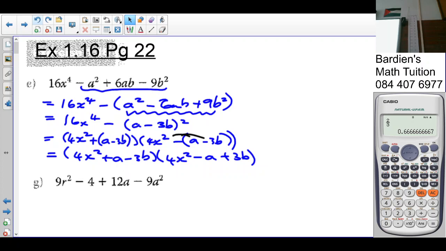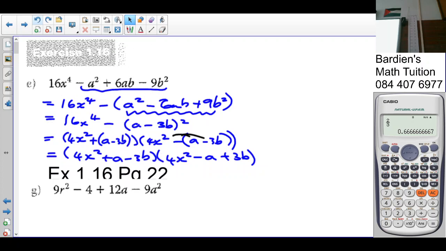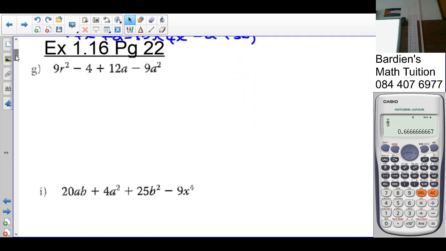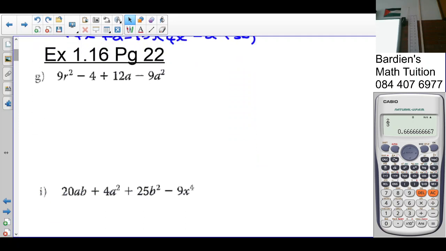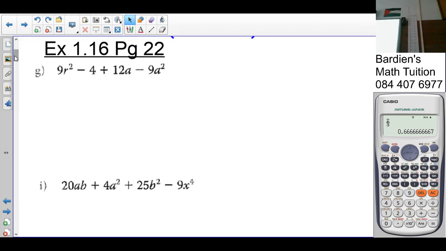What was the issue here? So you're not seeing the trinomial in the second one as well? So you should see the trinomial here now.